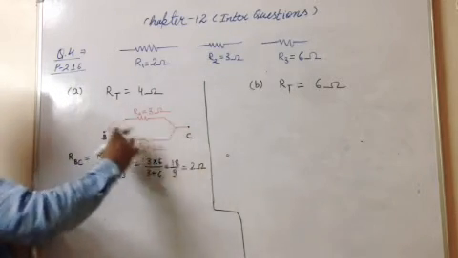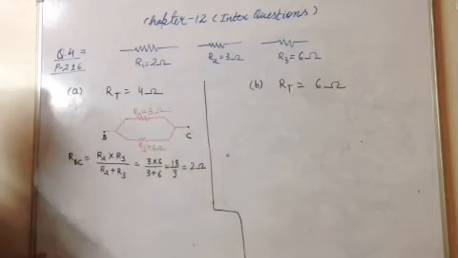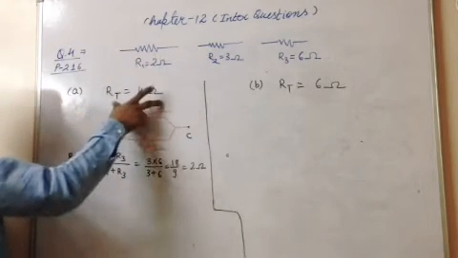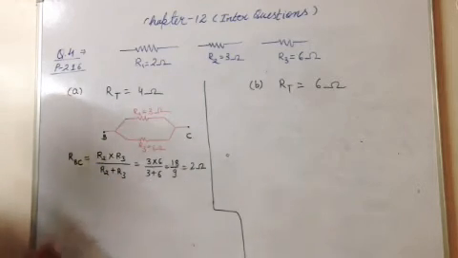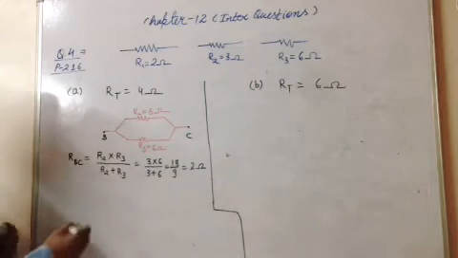So what is this combination behaving like? This combination is behaving like 2 ohm. And what we want in total is 4 ohm. So 2 ohm now we have. So how can we connect one more resistor? Look here.